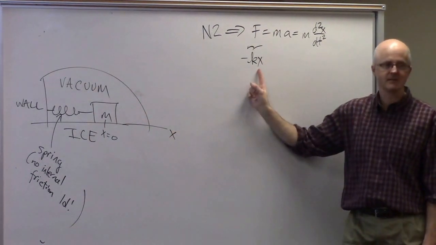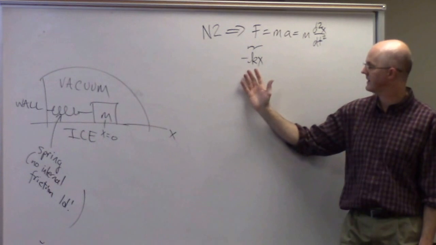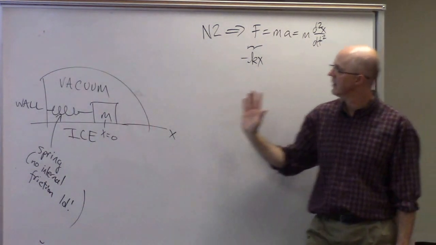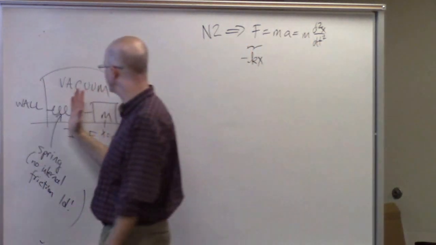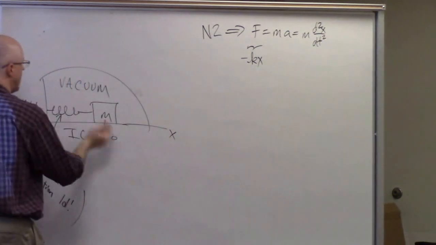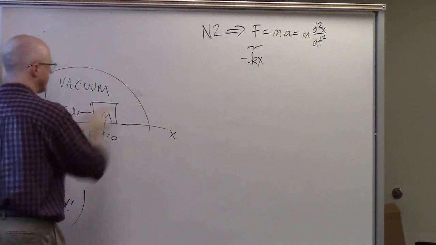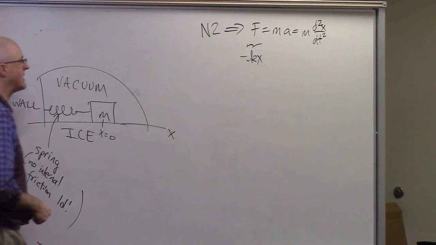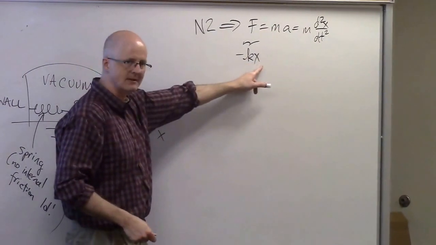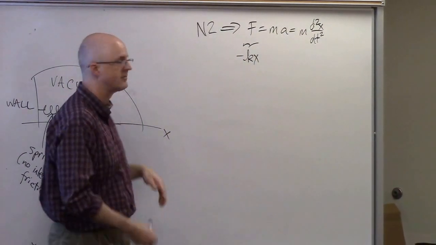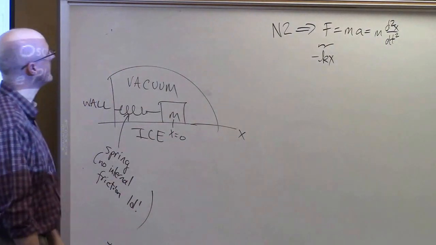This needs to be a negative quantity when x itself is positive. When you squish the spring toward the wall, x becomes negative. The force points in the positive direction. You have a negative times a negative, giving you a positive force in that situation.